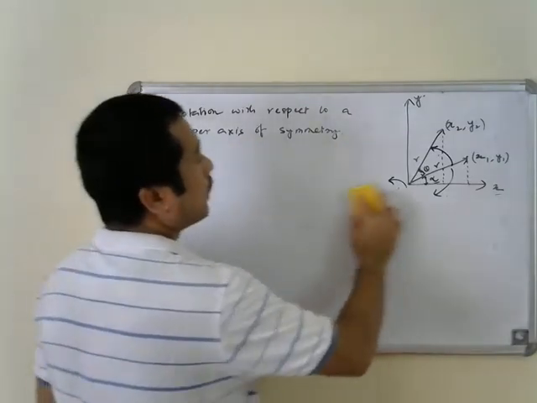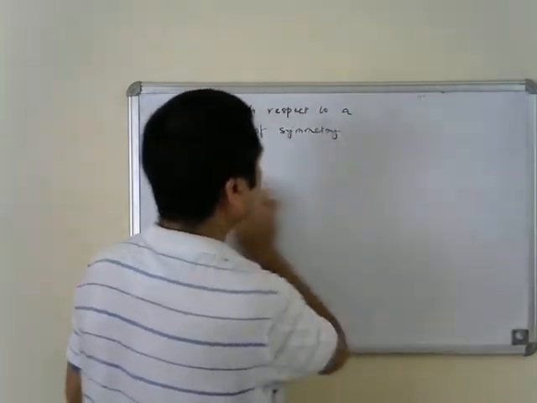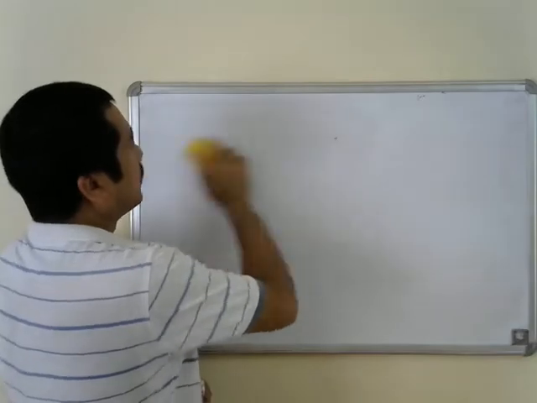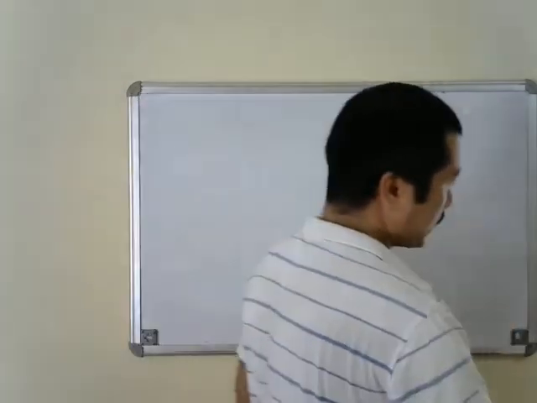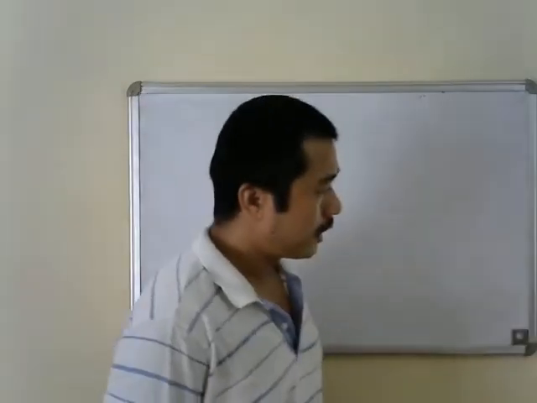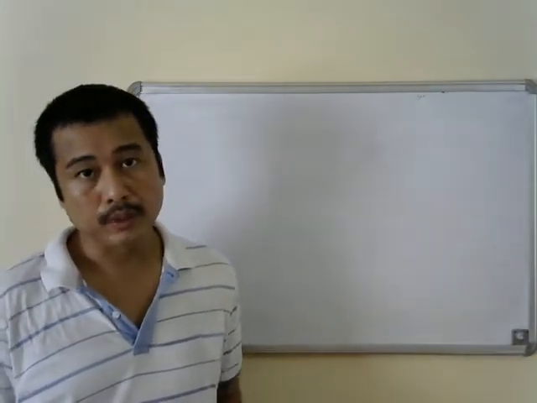So now let us go and deduce the matrix representation for a reflection operation with respect to a plane of symmetry.